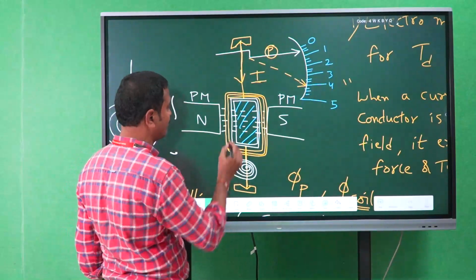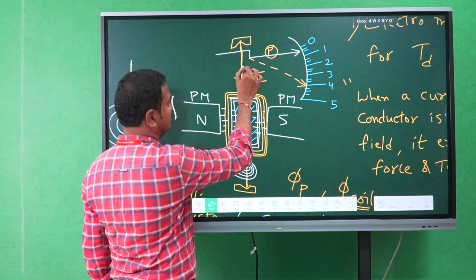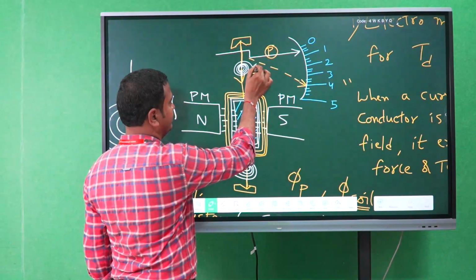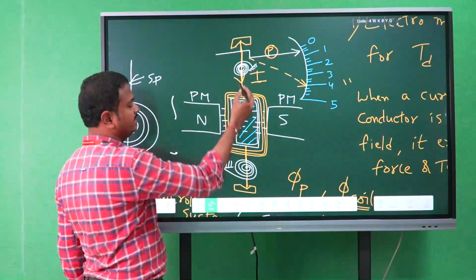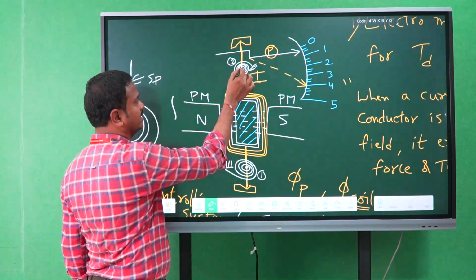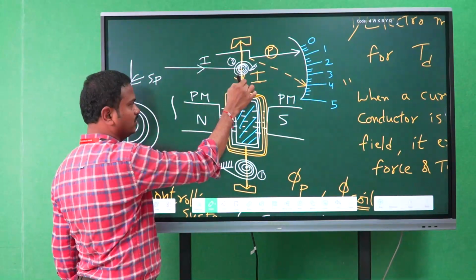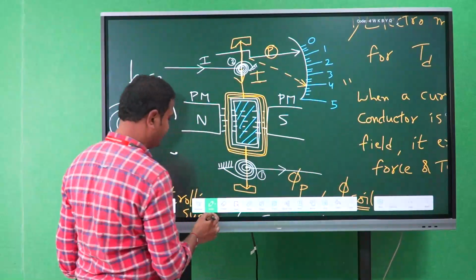Similarly, the second spring is connected to the top of the coil, and here also we need a fixed point.